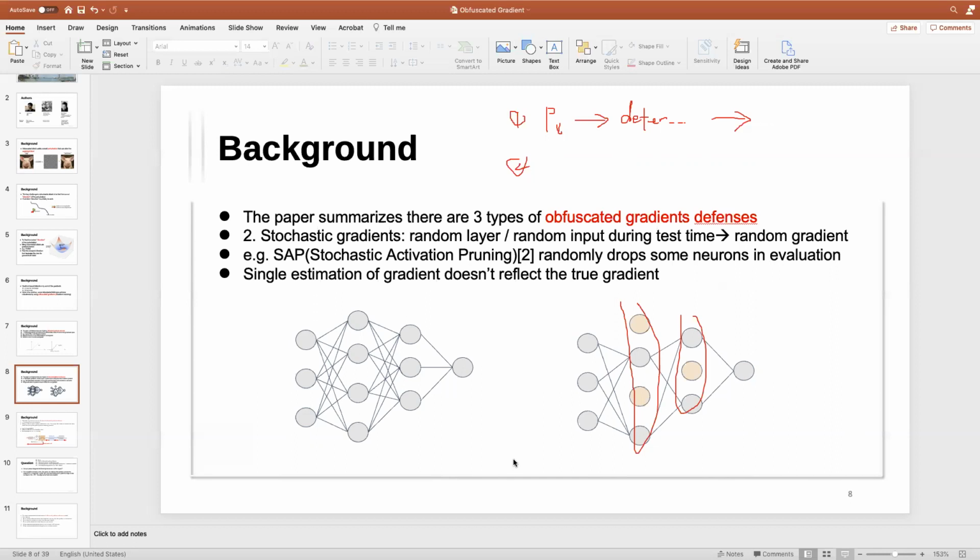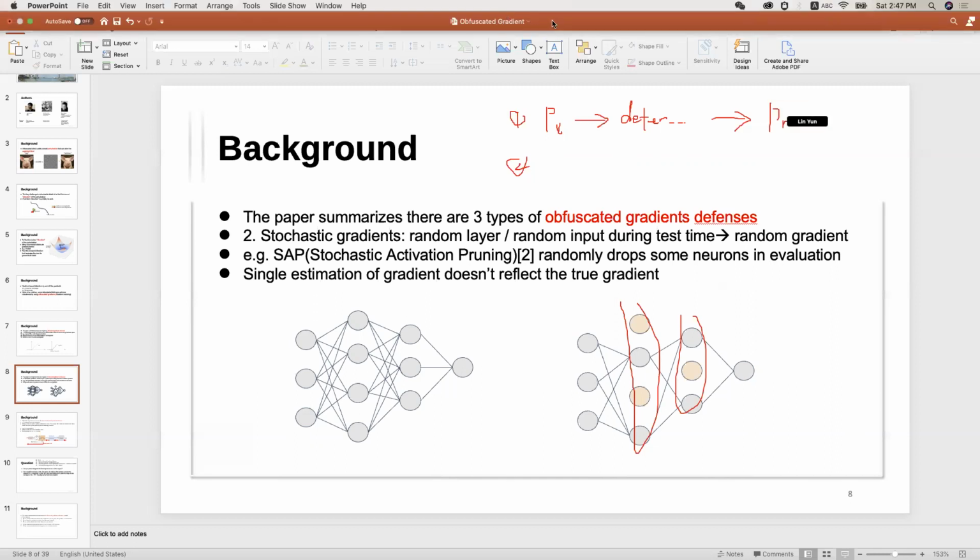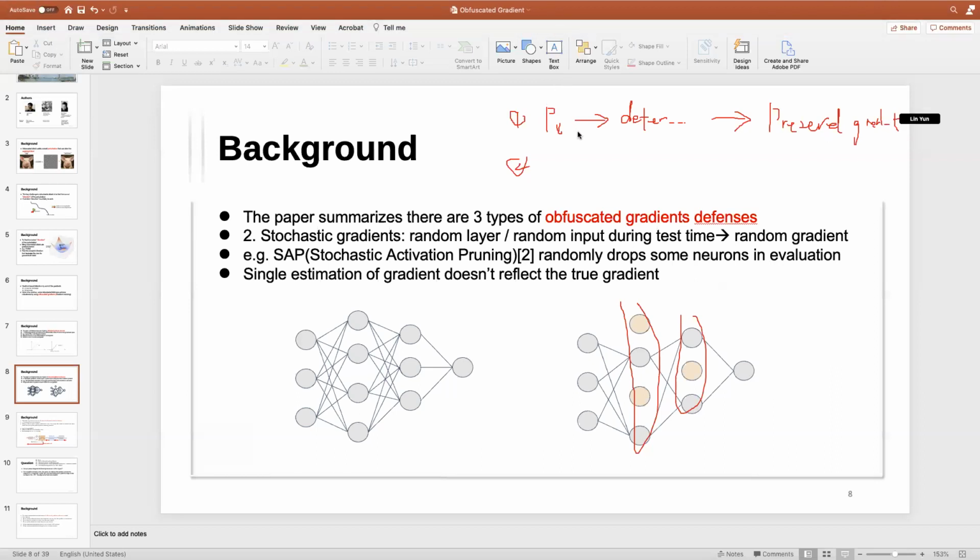Because if the result is deterministic, then the gradient will somehow be preserved. So when the gradients are preserved, it means that the adversary attack can still be successful. Is that correct?